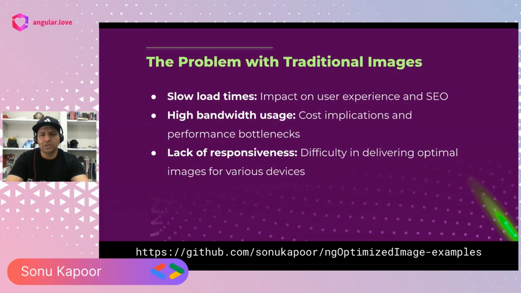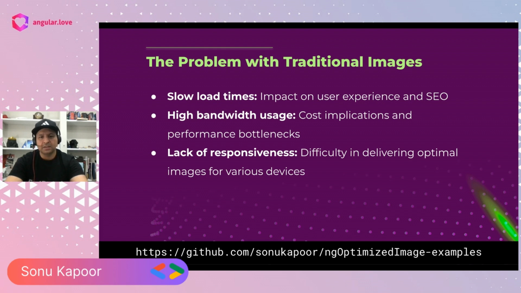So you may be wondering, what's the problem with traditional images, right? Traditional image handling in a web application often leads to significant issues like slow load times that can frustrate users and also negatively impact your site's performance. When the image doesn't load, it just looks bad on your website, right?